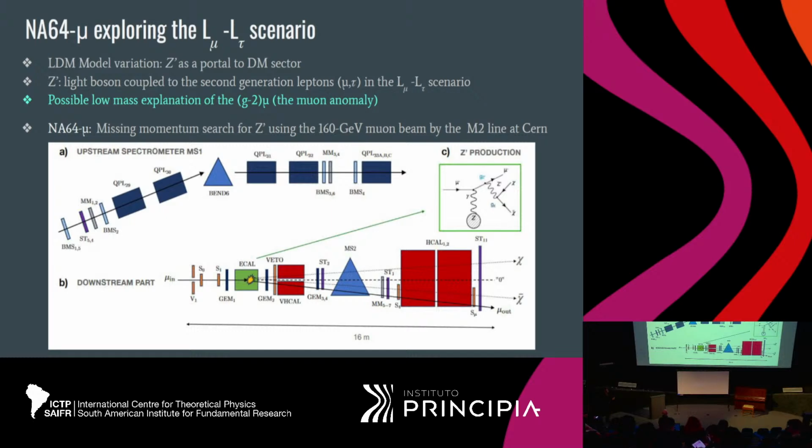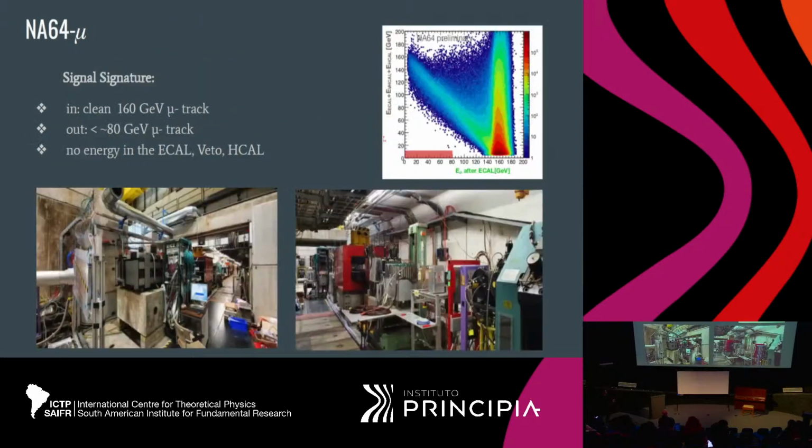If the muon has undergone such a reaction, it has lost some momentum, and you will see the bending due to the loss of momentum in this system. So again, a not very beautiful experiment, another experiment in line. This is another region of the North Area, and this is the setup. You can see some tracking elements, magnets here, and this is the calorimeter where the reaction is supposed to happen.